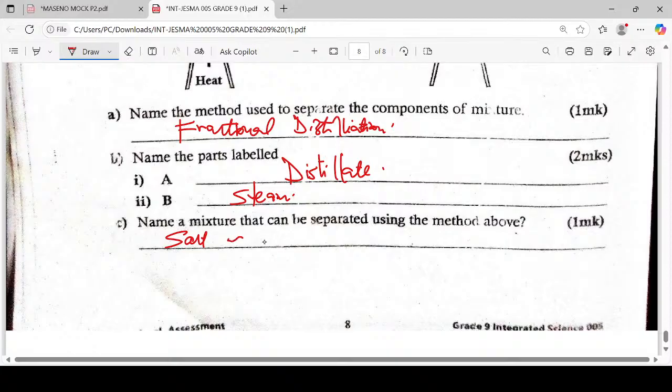Salt and water can be separated using this approach. So learners, that is how you could have answered this question, or rather this question paper.